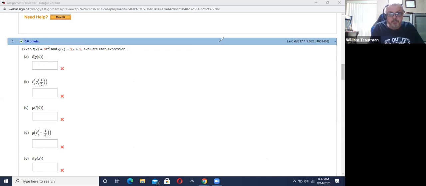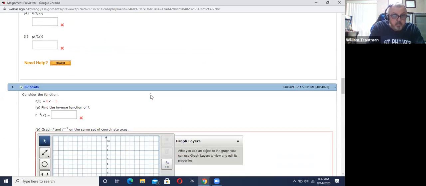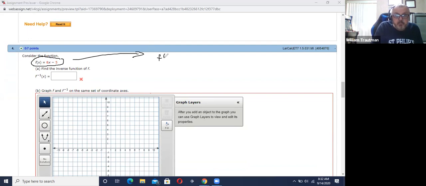All righty. Find the inverse of this function. I'm not going to graph it, but I do want you to find the inverse. Here's a function. If you remember the steps for finding the inverse, step 1 was change the f of x to y.